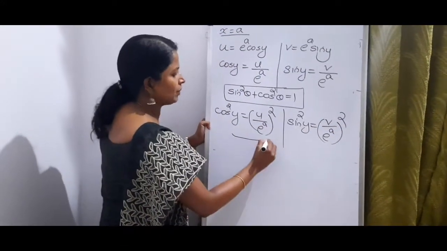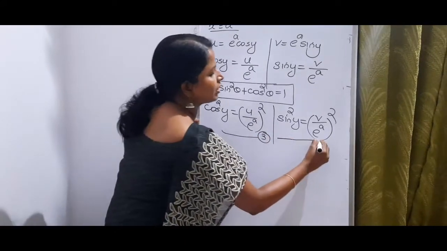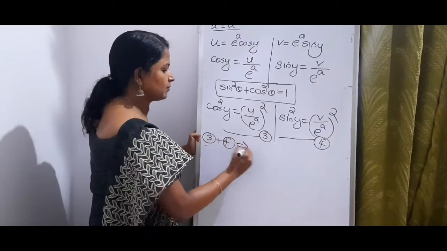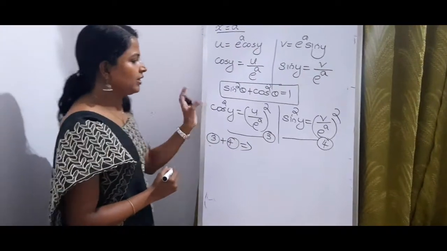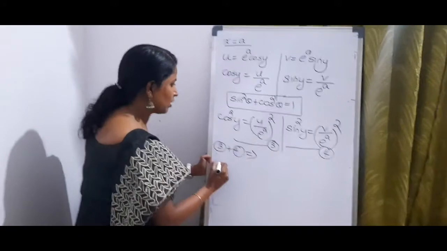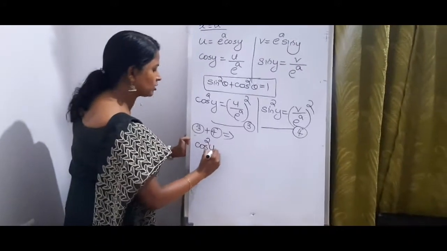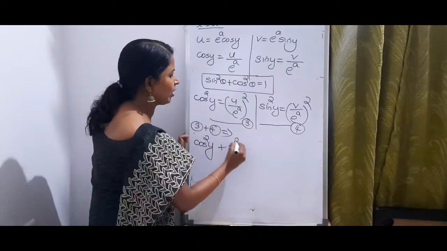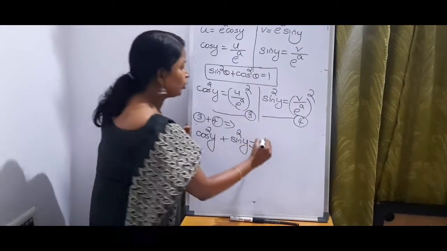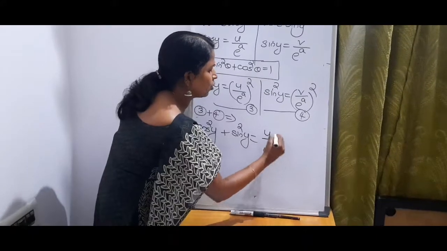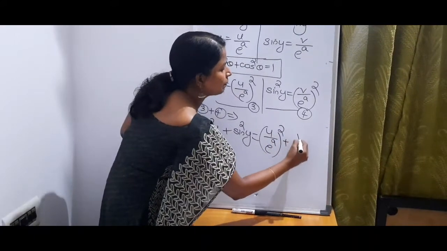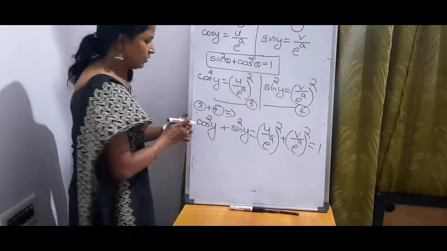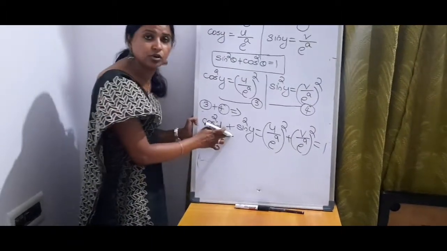This is equation number 3 and this is equation number 4. Adding these two equations, cos square y plus sin square y equal to u by e raised to a the whole square plus v by e raised to a the whole square, which is equal to 1 because cos square y plus sin square y equal to 1.